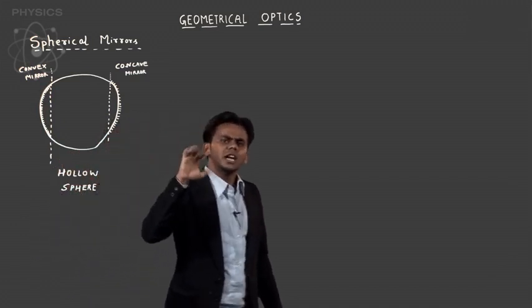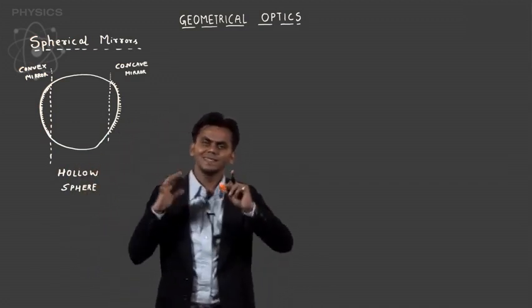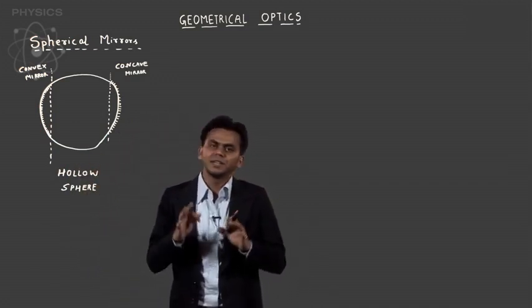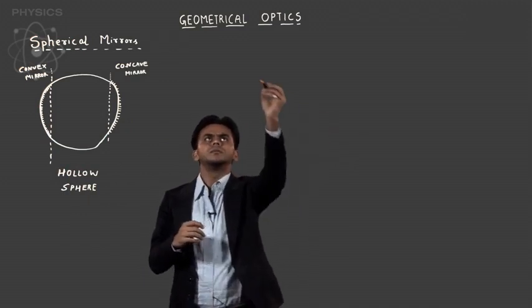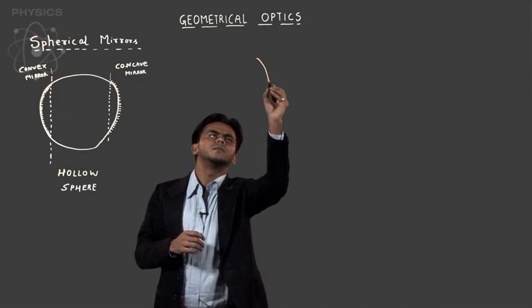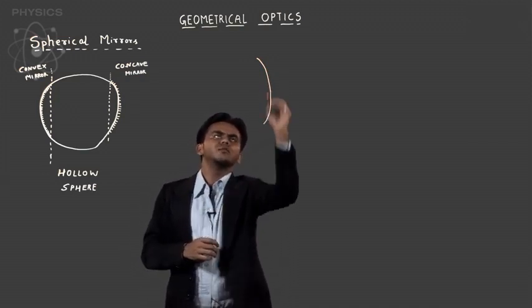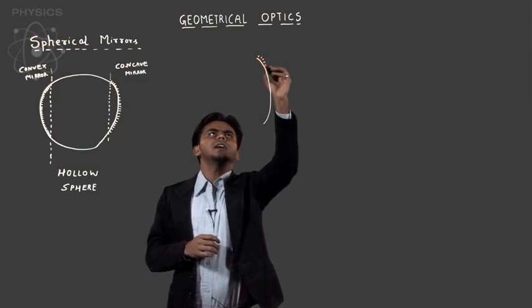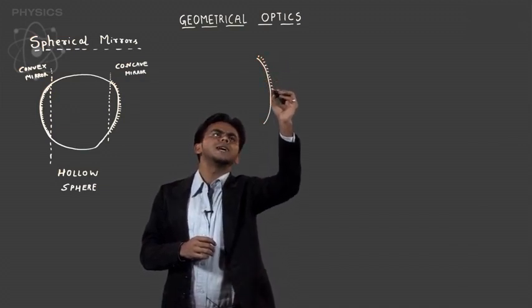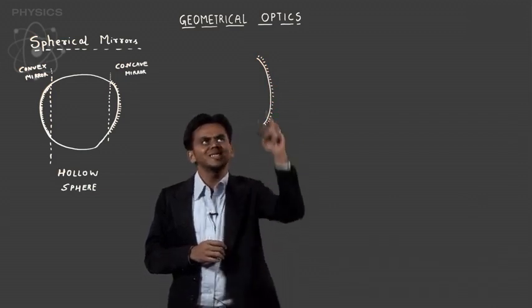Now let's understand a few geometrical properties about concave mirror and convex mirror. Let's say you have a concave mirror. Whenever I say concave mirror, I can safely presume that it must be part of a hollow sphere from which this is cut out.